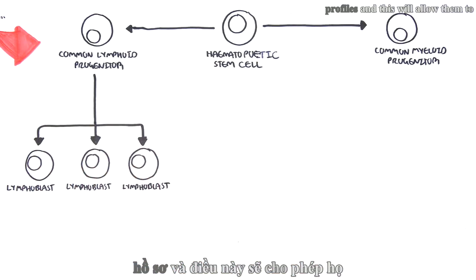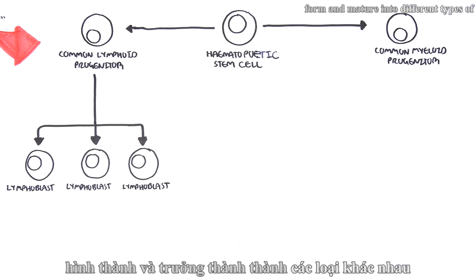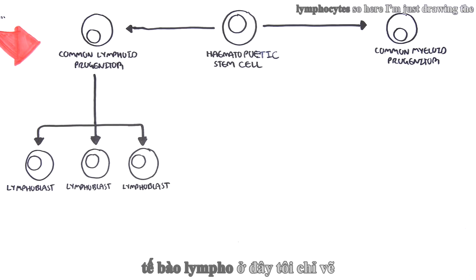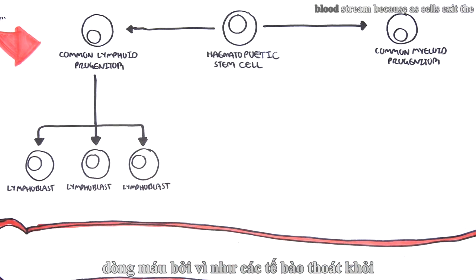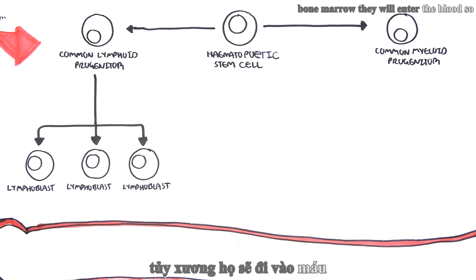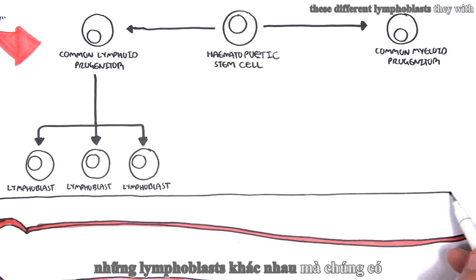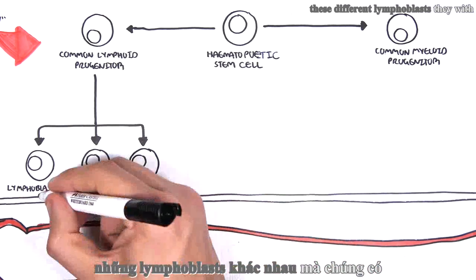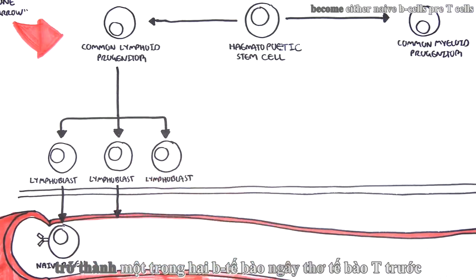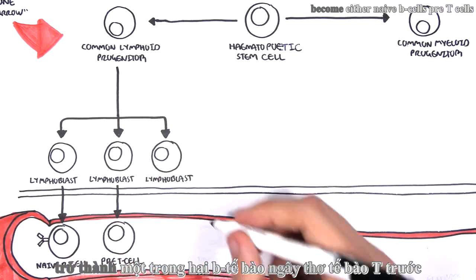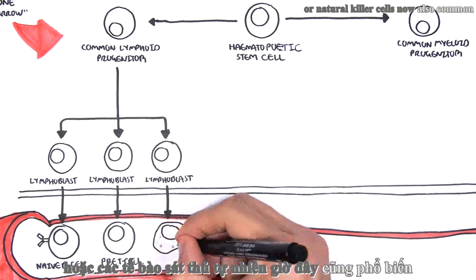And this will allow them to form and mature into different types of lymphocytes. So here I'm just drawing the bloodstream because as cells exit the bone marrow, they will enter the blood. So these different lymphoblasts, with the different genetic profiles, will become either naive B cells, pre-T cells, or natural killer cells.